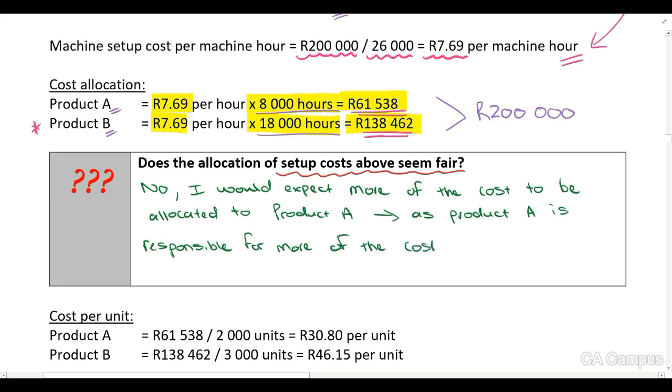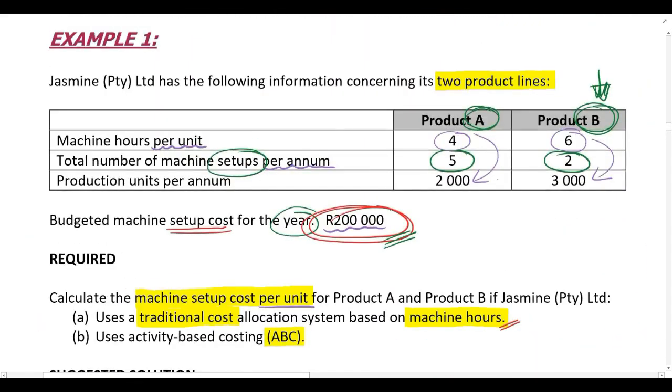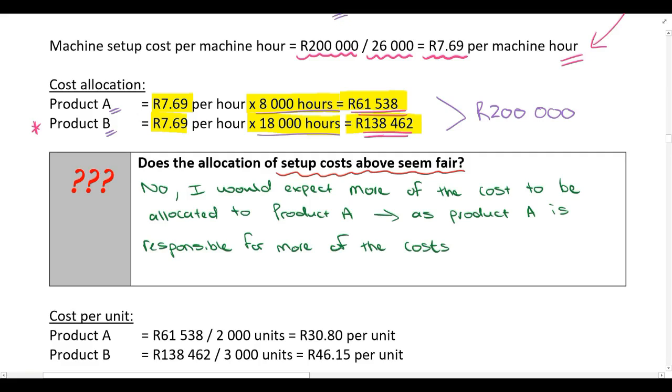Why is product A responsible for more of the cost? Product A has 5 setups per year and product B only has 2 setups per year. So product A had more setups.